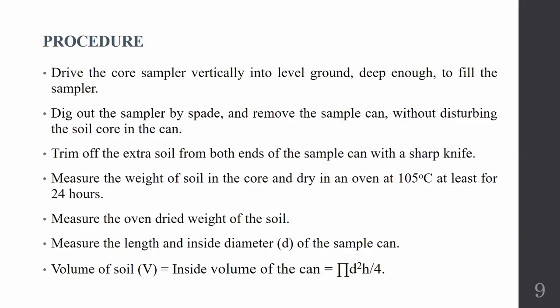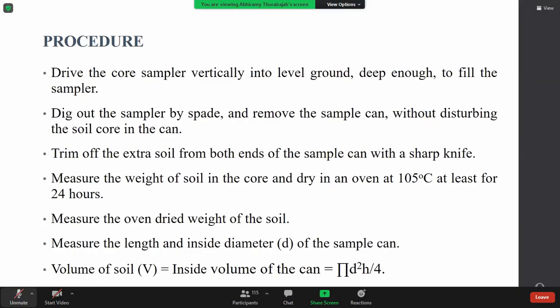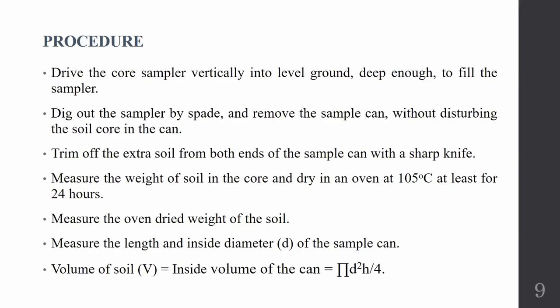Do you have any doubt about this procedure? No need to think much. We will do this practical, you only need to get an idea. These are the steps that you have to follow, these are the equipment that you want to use in this method, and these are the measurements that you want to take if you follow the core sampler method to find the bulk density.